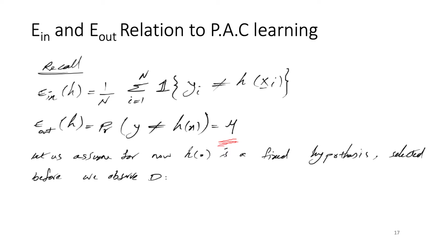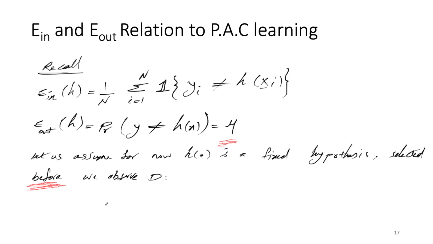Now, let us assume that the hypothesis function we were using was a fixed hypothesis, okay? And we selected that hypothesis to tackle our learning problem before we observe our data set D. We didn't have any knowledge.